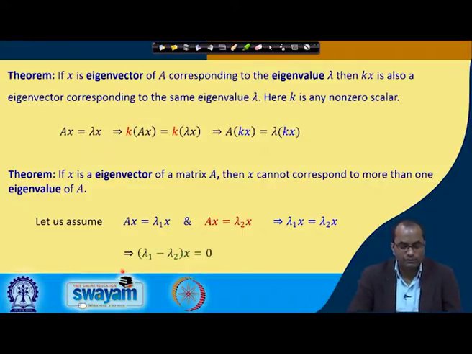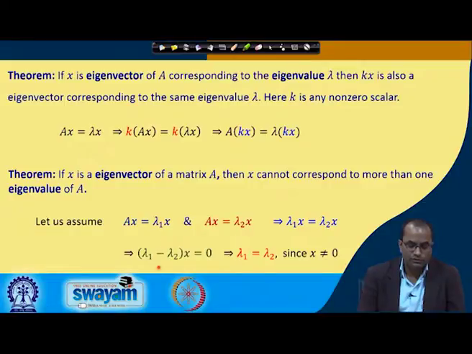Naturally we should have lambda 1 minus lambda 2 is equal to 0, meaning lambda 1 is equal to lambda 2, since x is an eigenvector. So, if we assumed there were two eigenvalues, these two eigenvalues have to be the same. You cannot have two distinct eigenvalues which correspond to the same eigenvector.